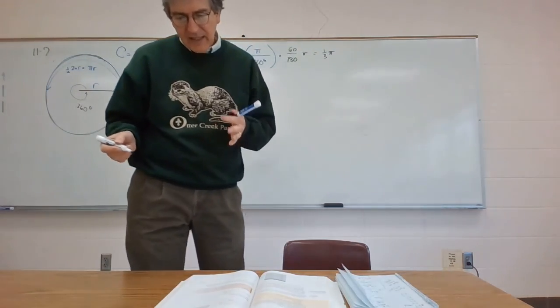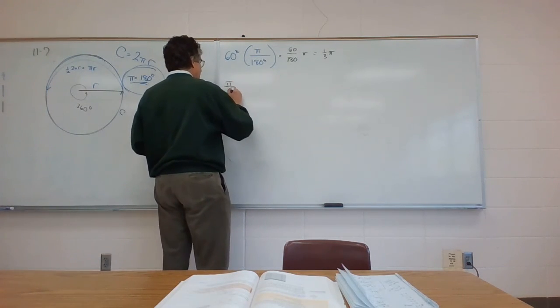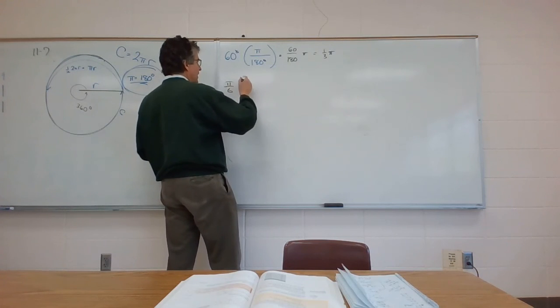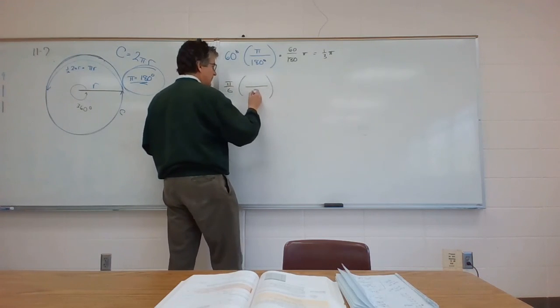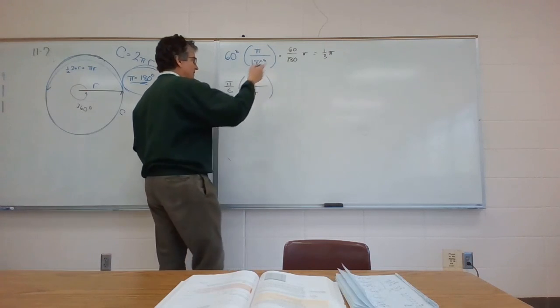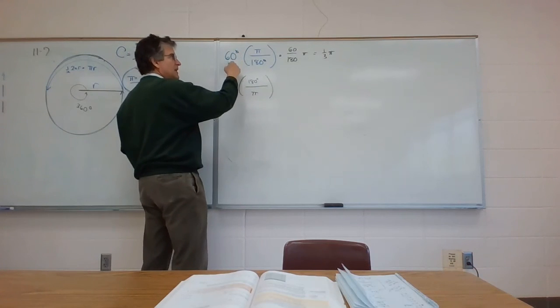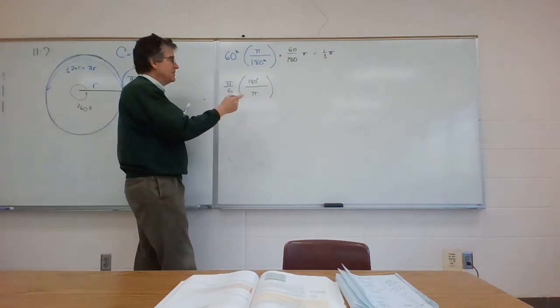And then it says convert pi over 6 to degrees. If I have pi over 6 radians, then what I want to get rid of is pi on the bottom, and 180 degrees is on the top. This is the opposite: before I was turning degrees into radians, here I'm turning radians into degrees.